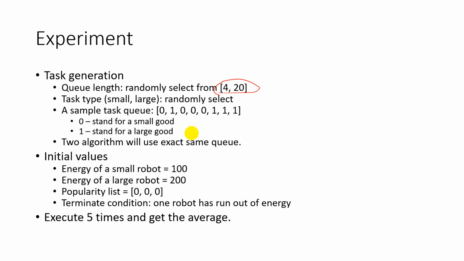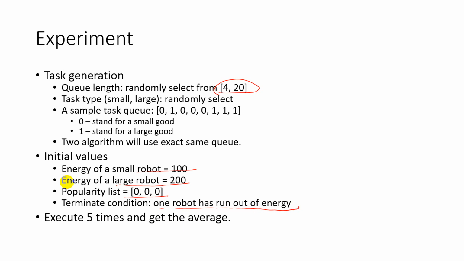The two algorithms use the exact same queue. The initial energy for a small robot is 100 and for a large robot is 200, and the popularity is initially all 0. The termination condition for this algorithm is that one of the robots has run out of energy, and then we terminate the whole program.